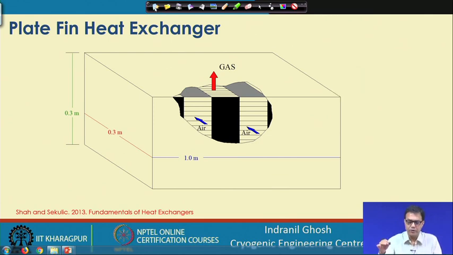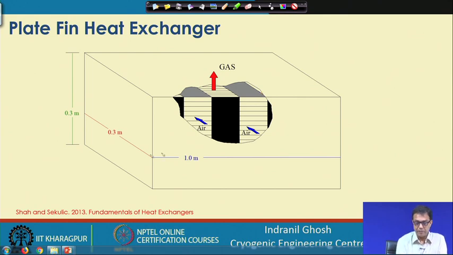So, now first of all we have arrived at the total number of layers. We can now try to find out the frontal area.